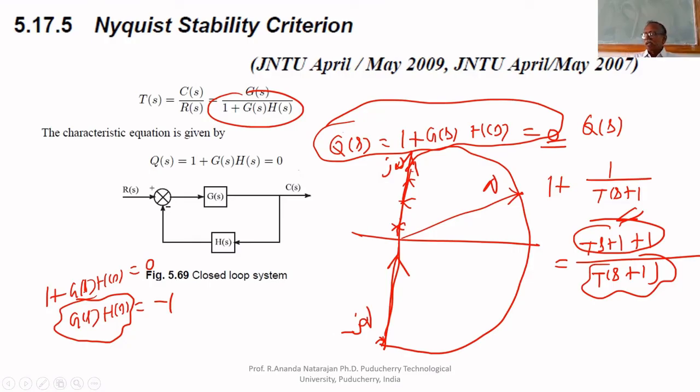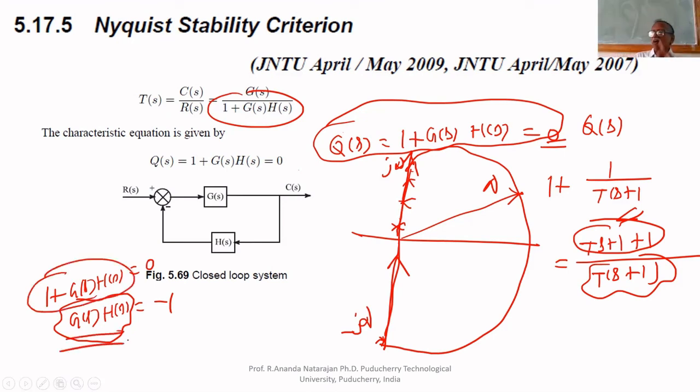0 is replaced by -1. That is, you are shifting the plot from about 0 to about -1. That is the meaning. If you shift the graph from about the origin to about -1, we need not check whether it encircles 0. Instead, we have to check whether it encircles -1.